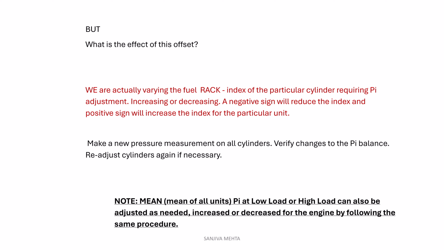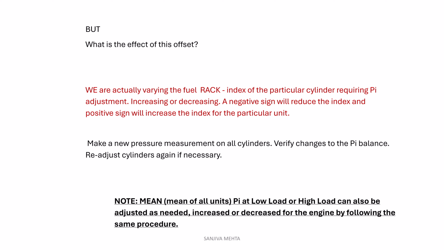So we are varying the fuel rack index of the particular cylinder requiring PI adjustment. A negative sign will reduce the index, and a positive sign will increase the index of the particular unit. Now make a new pressure measurement on all cylinders and verify that what you have done is working fine and it is balanced. Readjust if necessary.